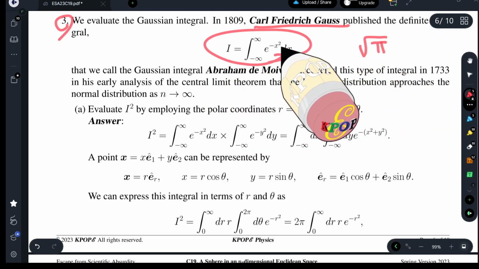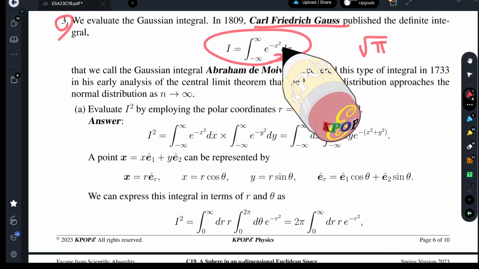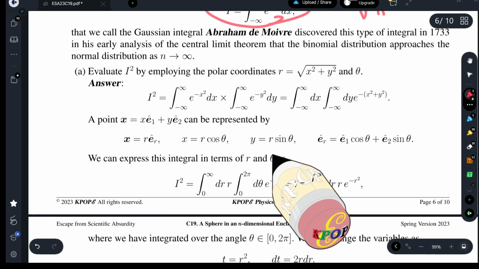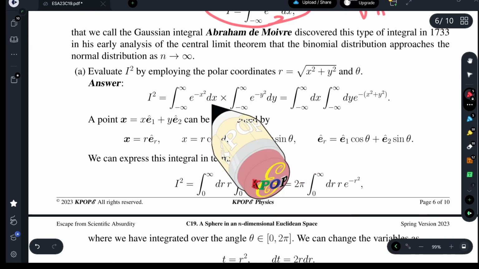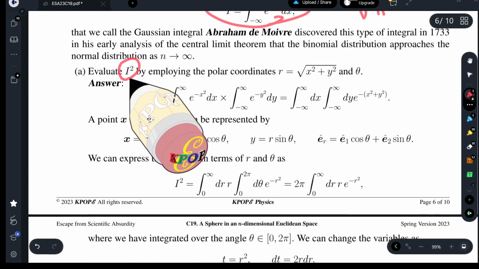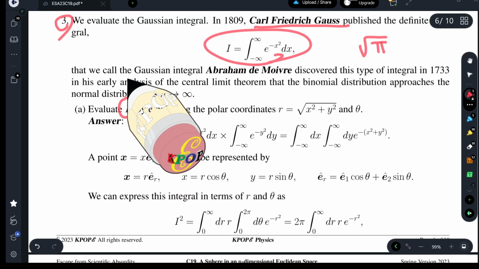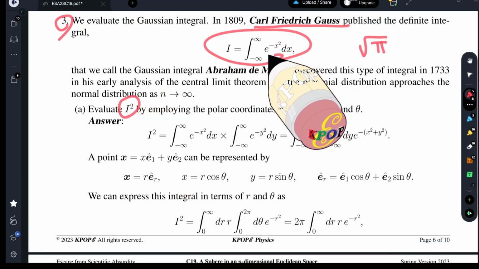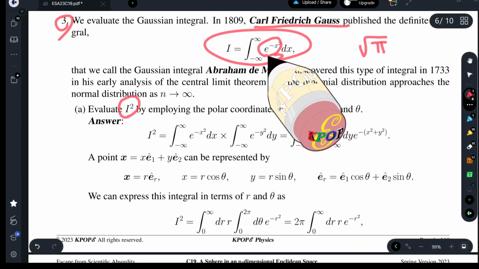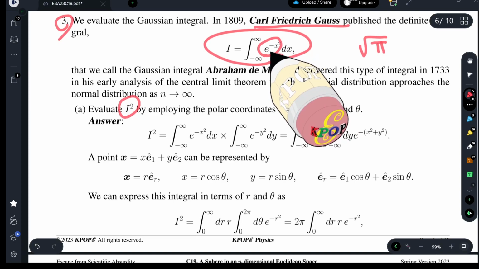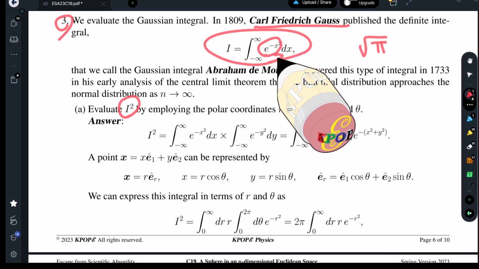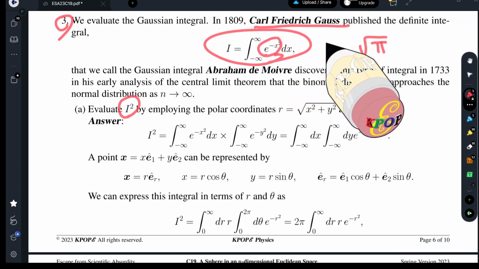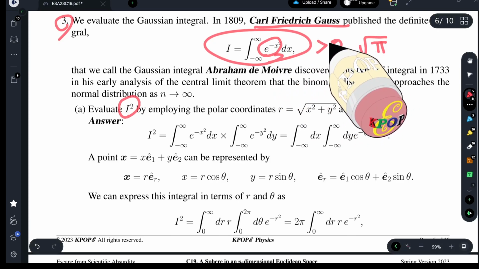We call this the Gaussian integral. Why don't you evaluate I squared? First of all, the exponential function integrand is positive definite. As a result, this integral must be a positive number.